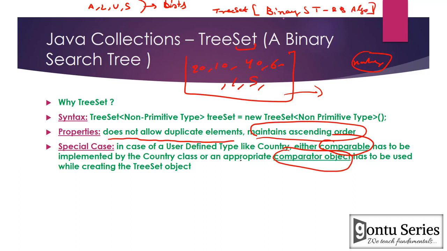Internally it works using a technique, binary search tree, red-black algorithm. For now, it's enough for you to know that it works behind the scenes this way, but you can always learn about these things later on.